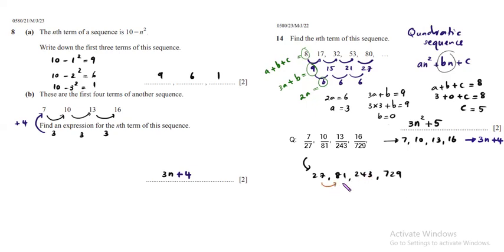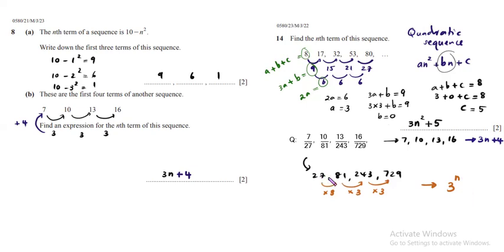But each of the terms here is formed by multiplying the previous term by 3. So this is like an exponential sequence, which means, as I'm multiplying by 3 each time, it's going to be like 3 to the power n. But if I replace this n with 1, to find the first term, that gives me 3 to the power 1, which is equal to 3.